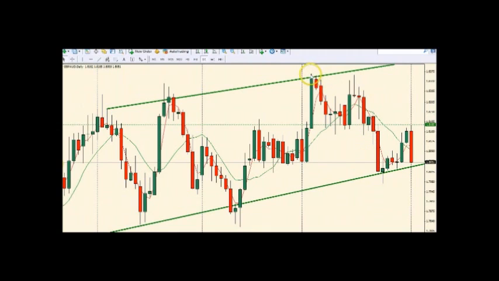Let's say this is the first touch of the upper trend line. This move had a lot more trouble getting down to the opposite trend line than this move had getting to this opposite trend line. Okay, and that's something as traders that we just accept. We just take that for granted, because after all, how can you know in advance how this move is going to play out as compared to this move?